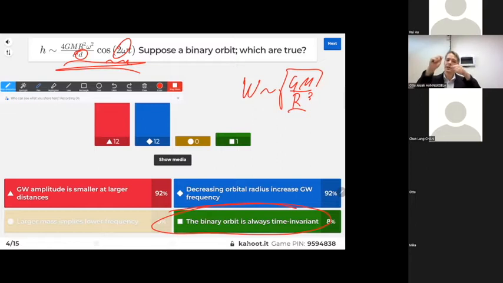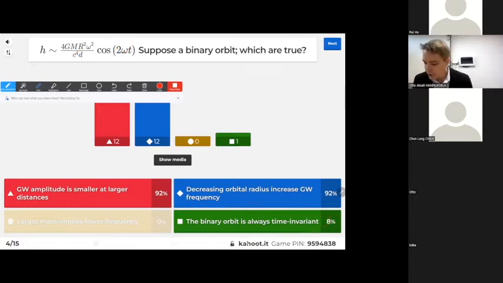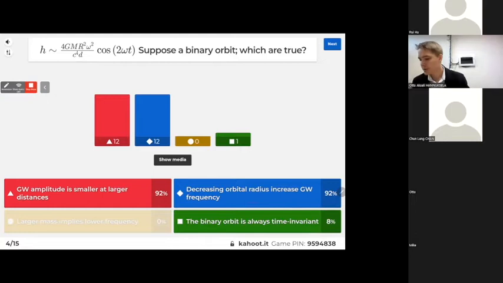So what happens is that there's a binary inspiral. When they emit gravitational waves, the two objects lose energy, they get closer and closer together, the gravitational wave frequency increases more and more, and so does the amplitude, until the two objects merge and collide. And it seems like people have a fairly good understanding from the last lecture on this topic.